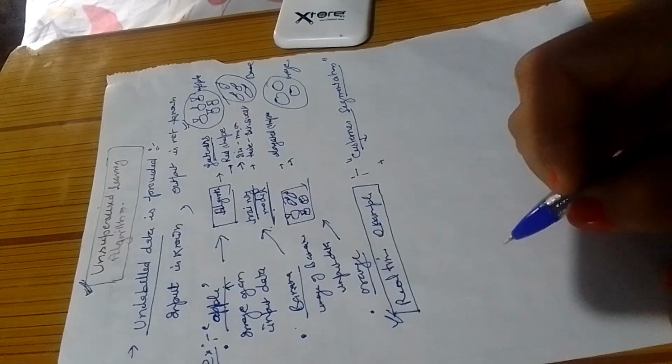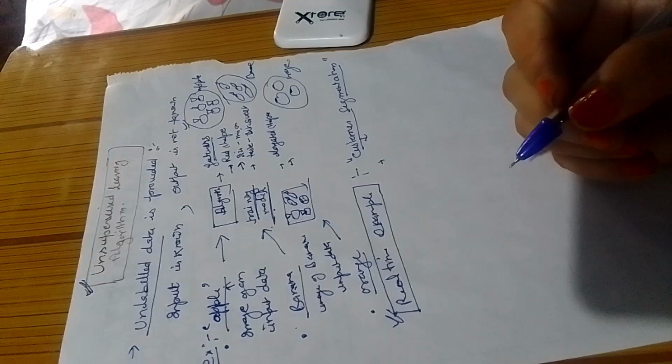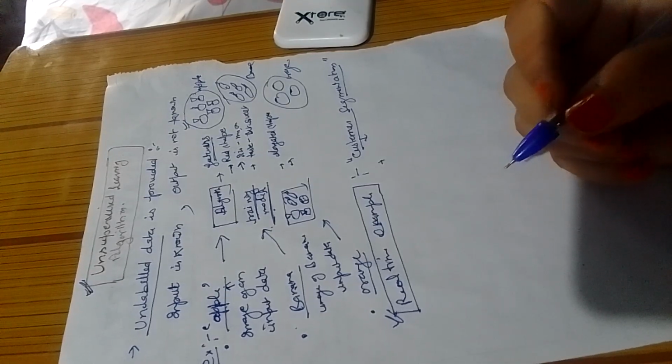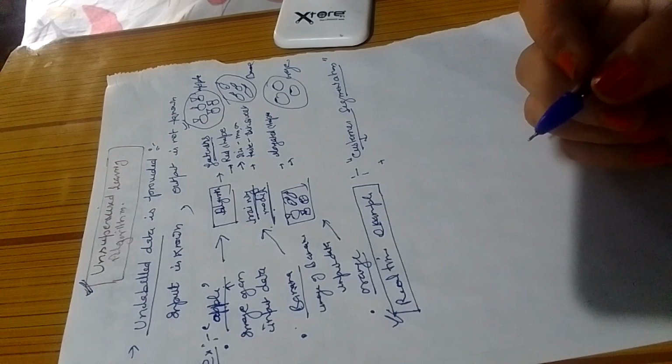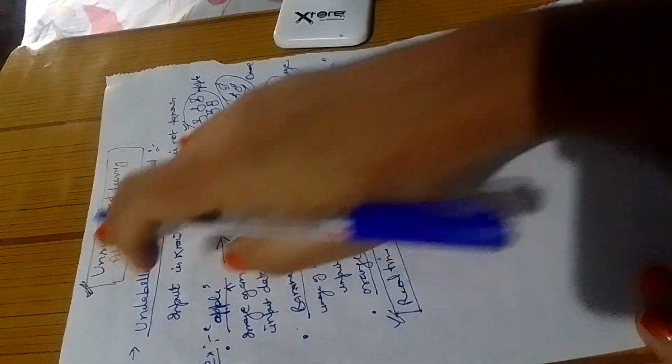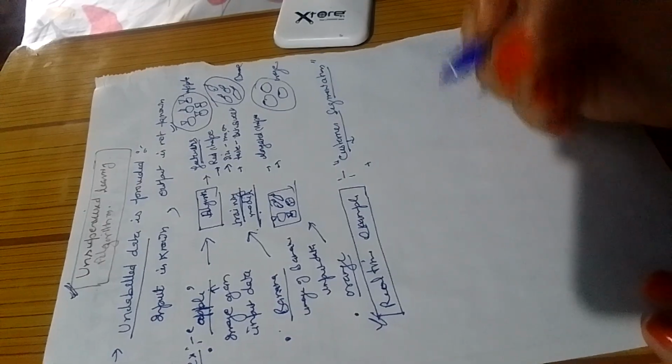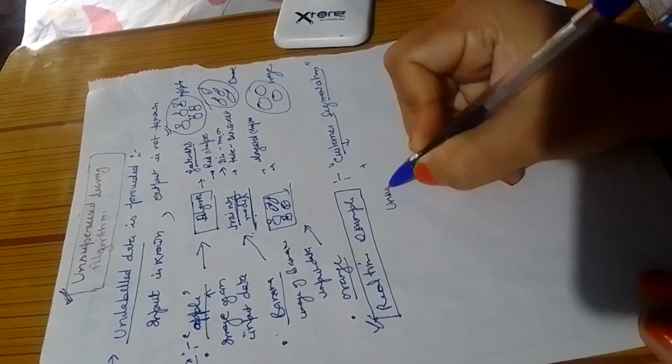Like supervised learning, there were two types in supervised learning. If you remember, I told you one was regression and another was classification. In the same way, in unsupervised learning, there are two types of unsupervised learning algorithm.